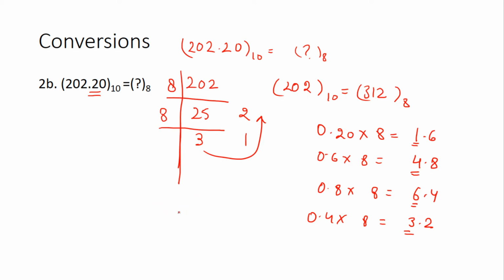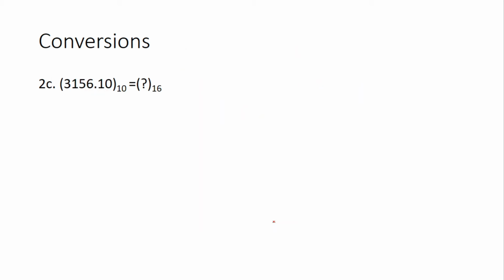So this conversion would use 3 digits or 4 as per the requirement. So 202.20 in base 10 would be written as 312.146, and we can go further if you want, but I think this is sufficient. So yeah, the answer would look something like this.